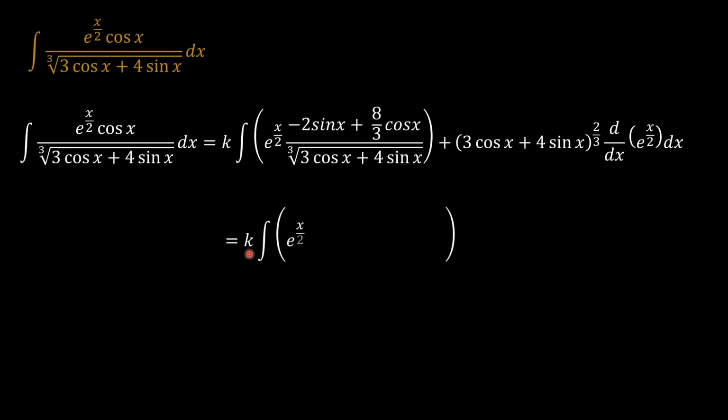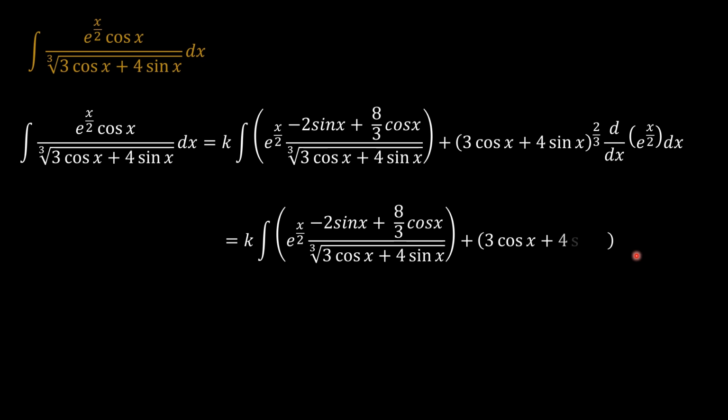When I keep this constant here and have this derivative here plus this times the derivative of e to the power x over 2, I should ideally get whatever is on the left hand side.